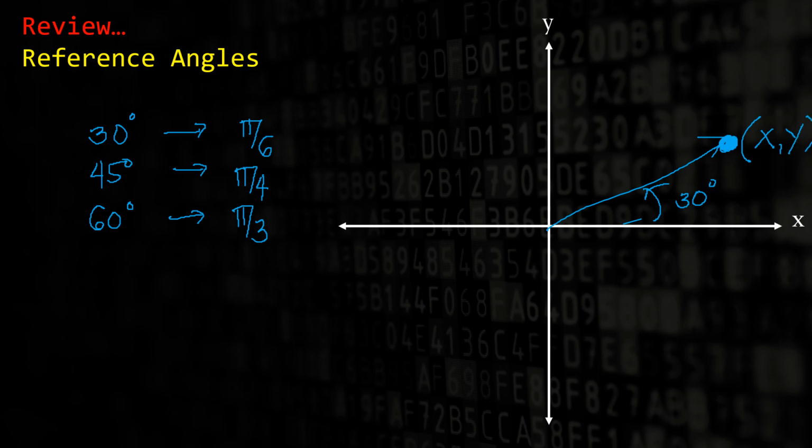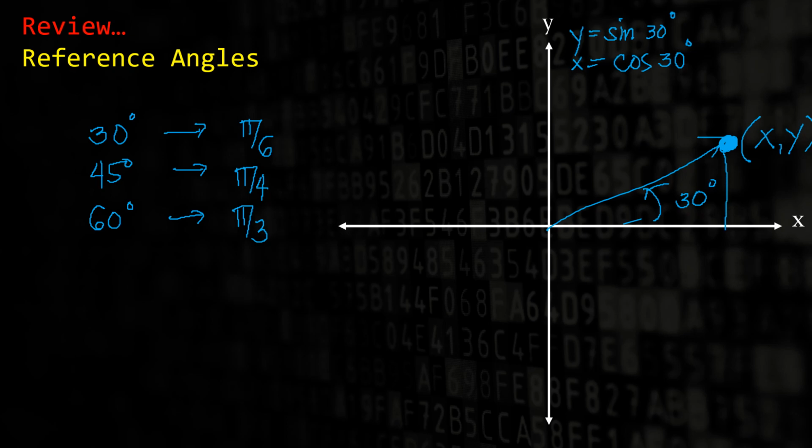The next thing you need to understand also is that sine 30 degrees is represented by y, and x is represented by cosine 30 degrees.